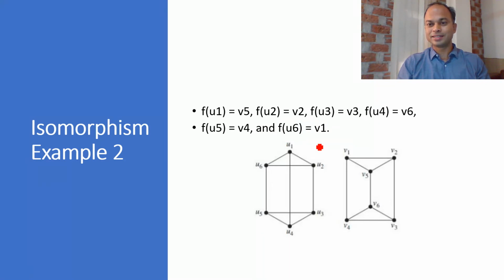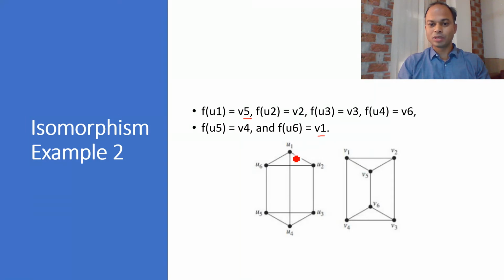We have mapped here. Now after mapping, we have to check whether these two graphs are isomorphic or not. We have to check u1 to u6. The equivalent of u1 is v5 and u6 is equivalent to v1, so there should be an edge from v1 to v5. Yes, the v1 to v5 edge is there.